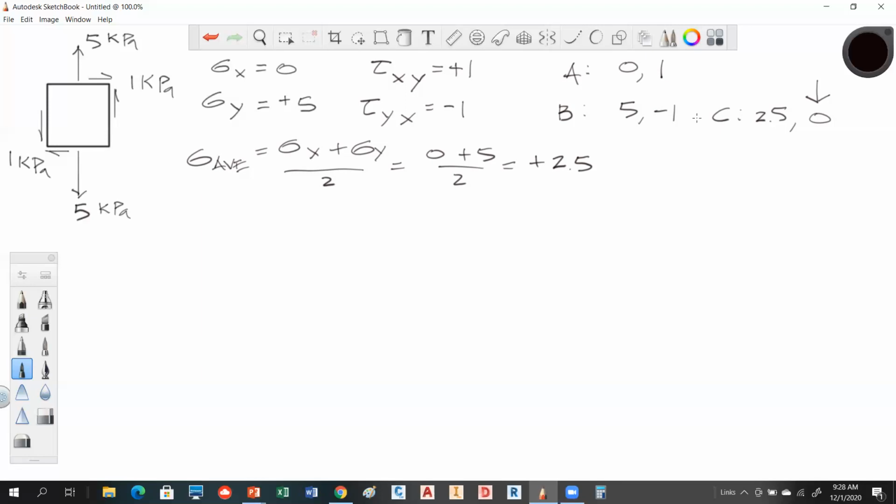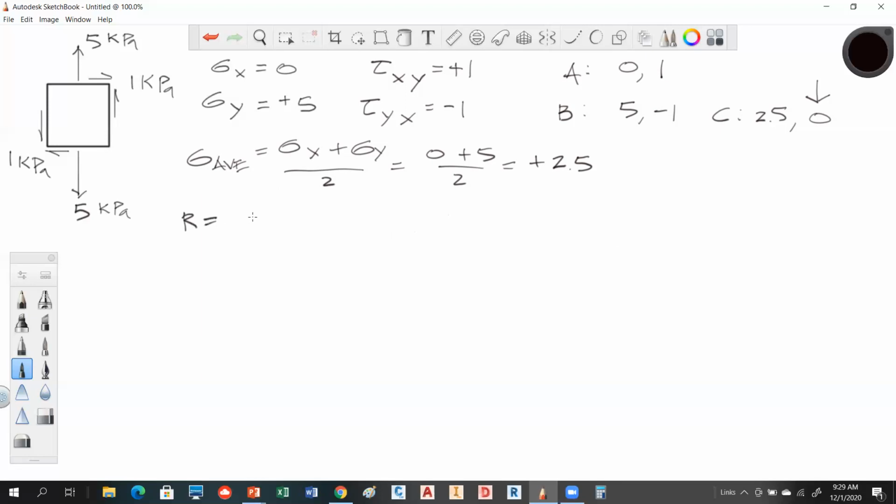The other thing I need to get, I don't need to do that right now, but I'm going to go ahead and do it. We can calculate R. R is easy to get. I'm going to put that here, but I'll probably erase it. So let's do the math.